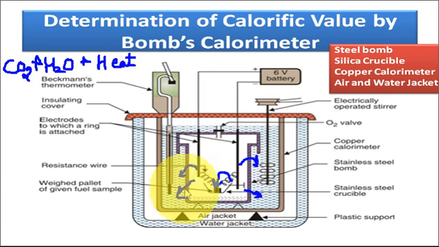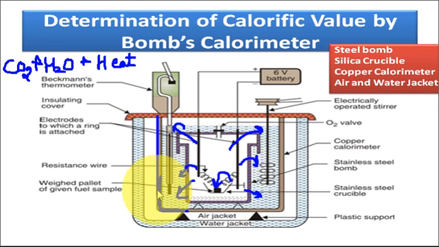Clear? So the total amount of heat energy liberated by combustion of this fuel is absorbed by the water in the calorimeter, and some amount of heat energy is also absorbed by the calorimeter itself.